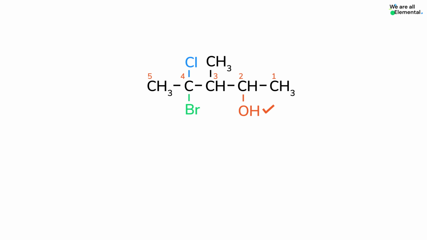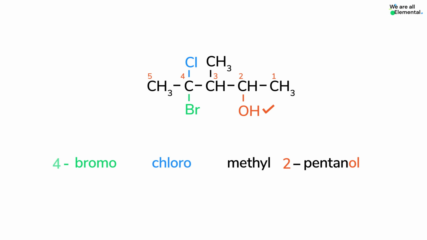We give the lowest number to the OH group, so it is 2-pentanol, and then we put the substituents in alphabetical order and assign them numbers. So this is 4-bromo, 4-chloro, 3-methyl, 2-pentanol.